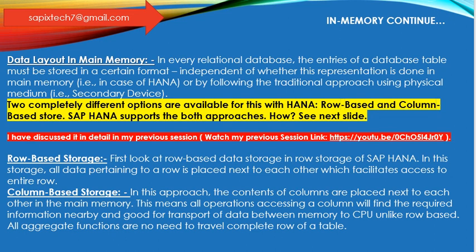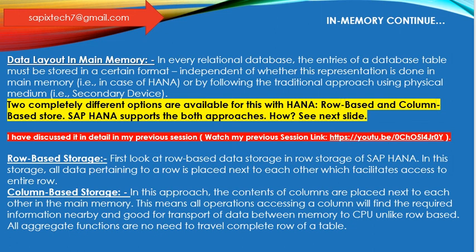Data layout in main memory. In every relational database, as I said earlier, data has to be saved, whether in main memory or in a traditional approach using a physical medium. So it has to be stored somewhere, no matter where. But in which form? In which format?